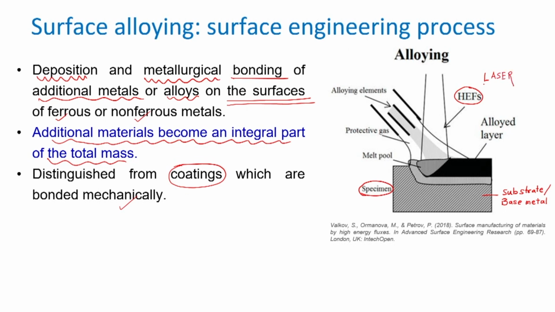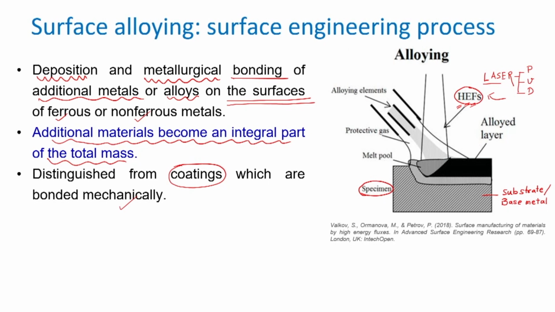The laser parameters, power, velocity and diameter, are chosen in such a way that we will be getting high energy fluxes. Very high energy fluxes are essential to increase the temperature of the substrate material as well as the deposited material above their melting point temperatures.